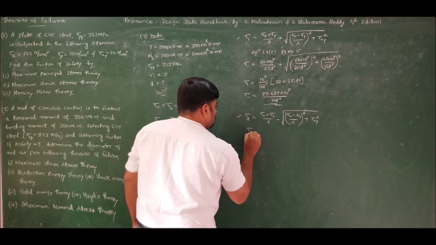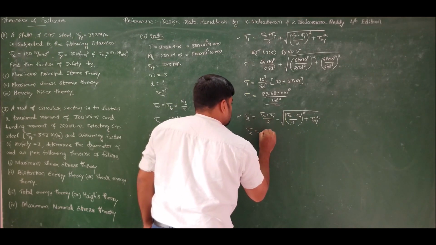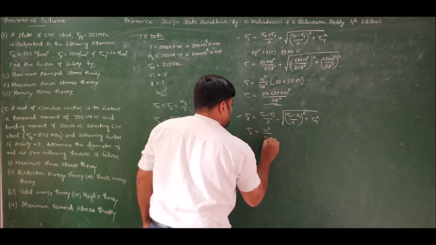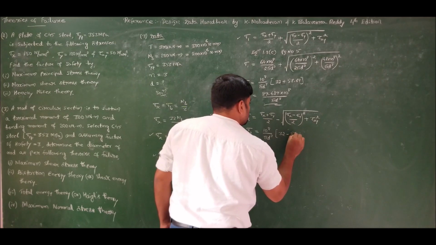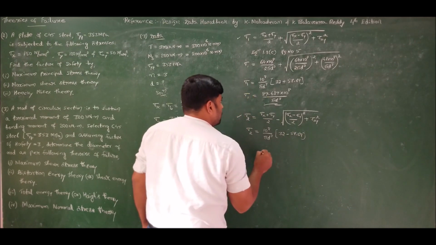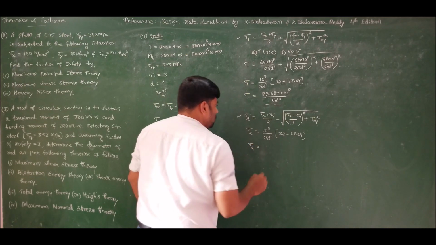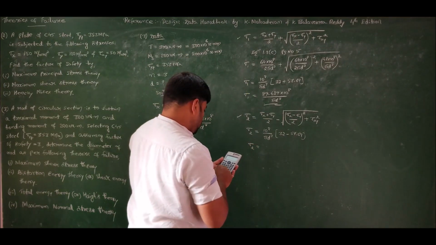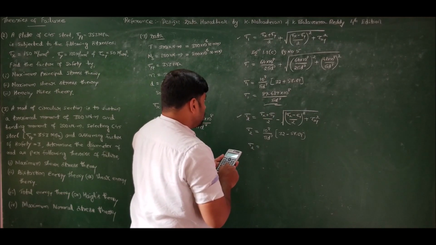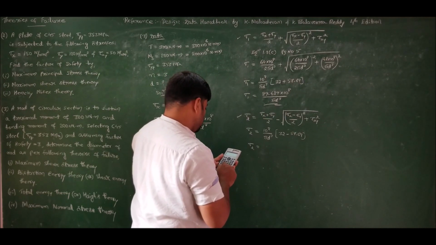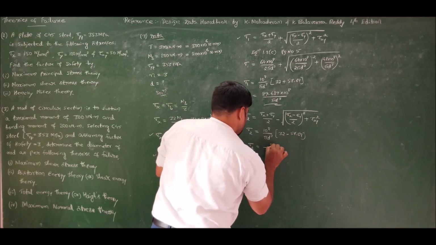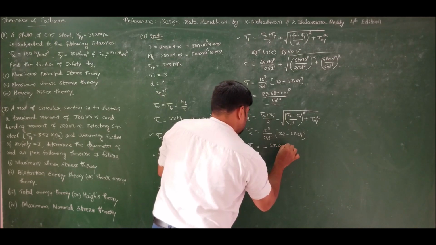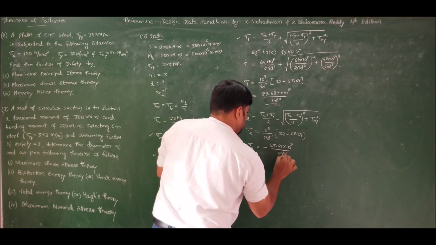So hence sigma 2 will be 10 to the power of 8 by pi d cube times 32 minus 57.69, which is nothing but minus 25.69 into 10 to the power of 8 by pi d cube.